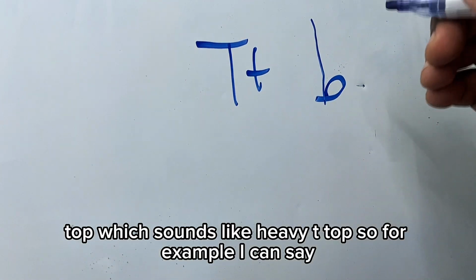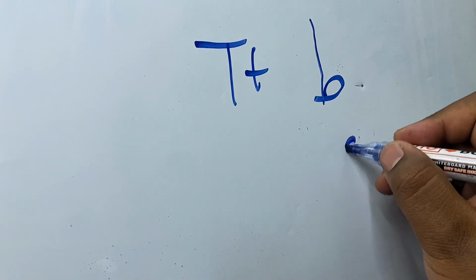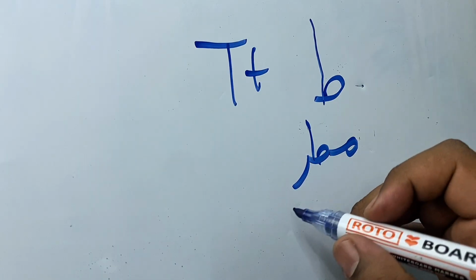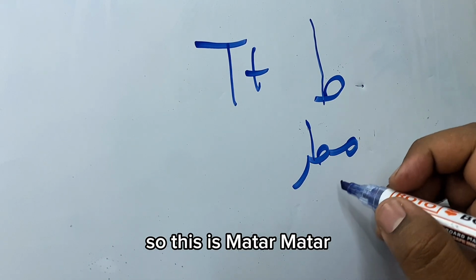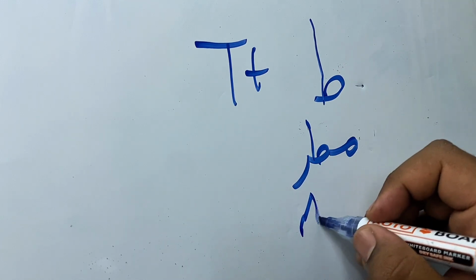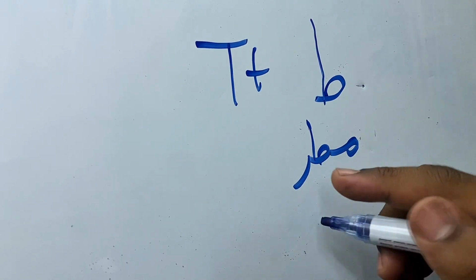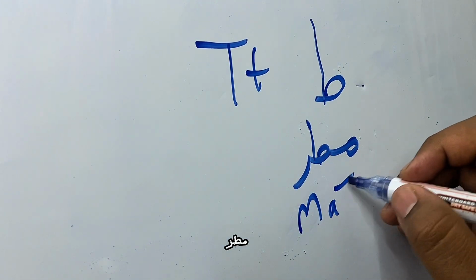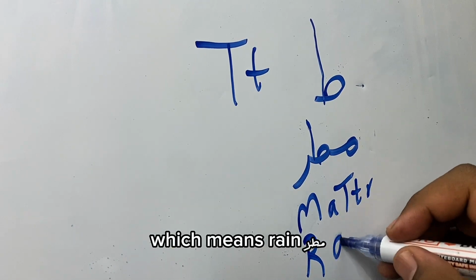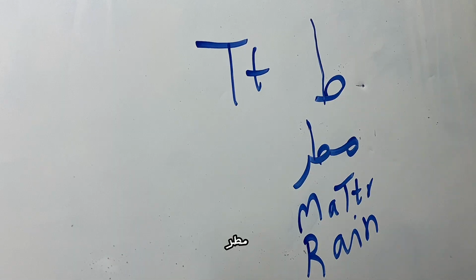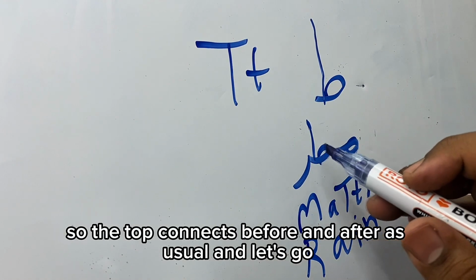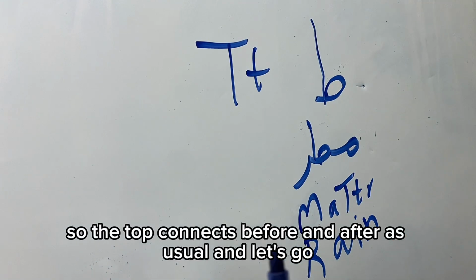So for example, I can say, so this is matar, which means rain, matar. So the ta connects before and after, as usual.